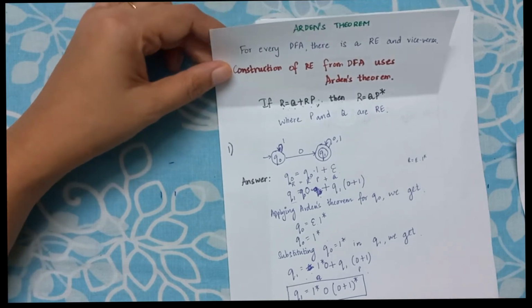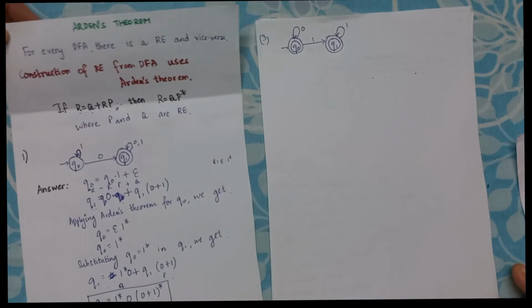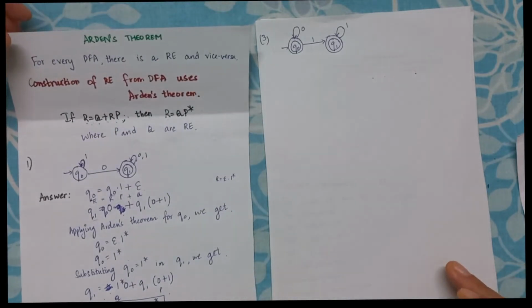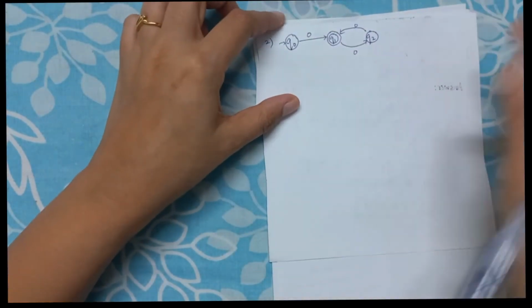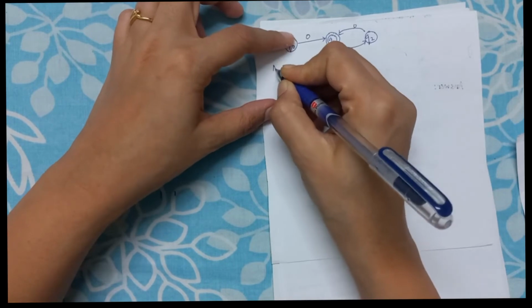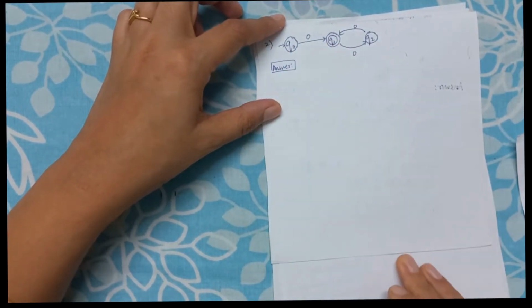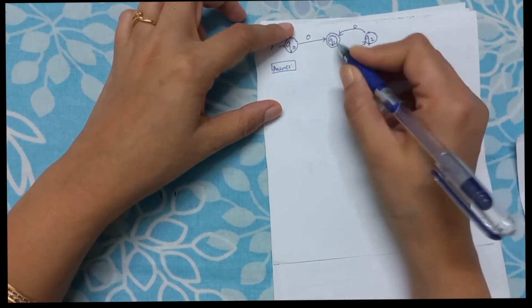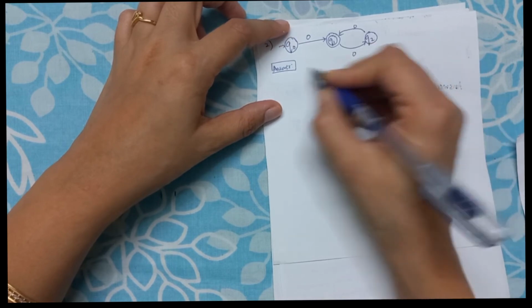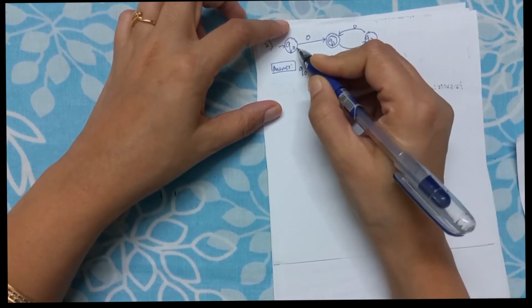Now let us see another example for Arden's theorem. Now we have three states. Q0 is equal to, which is the incoming edge?